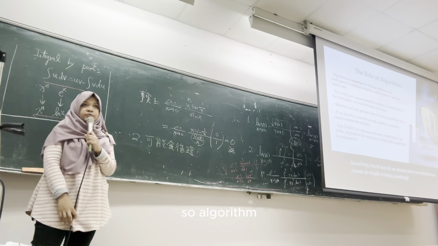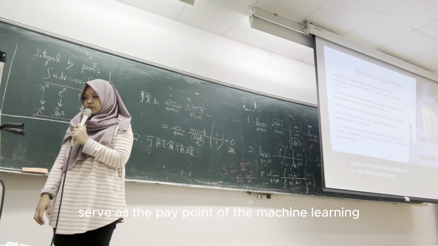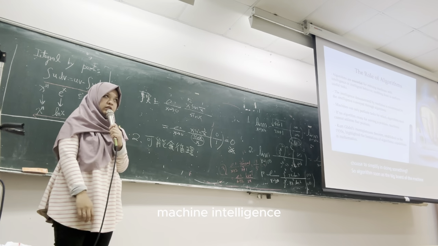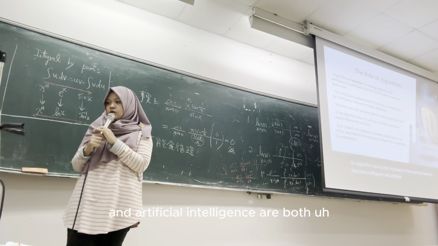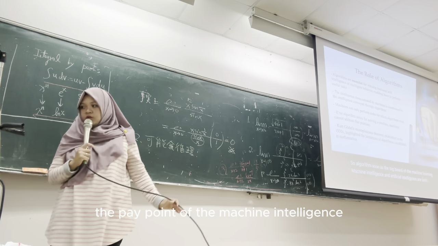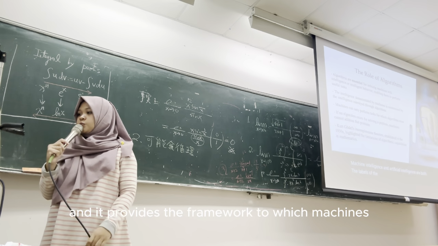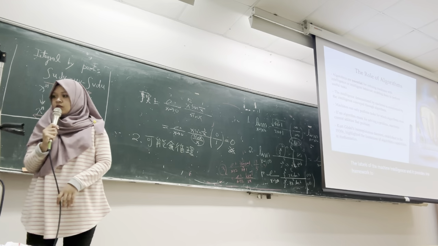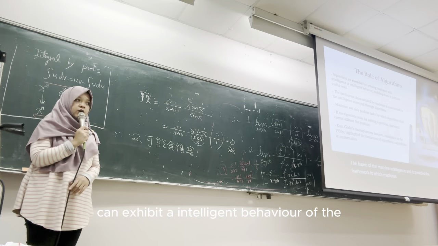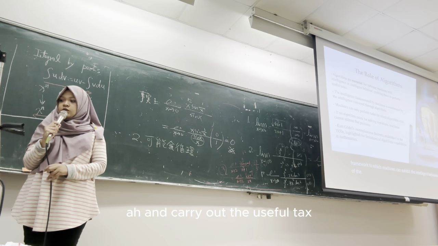So algorithm serves as the backbone of the machine learning. Machine intelligence and artificial intelligence both have algorithms as the backbone. It provides the framework through which machines can exhibit intelligent behavior and carry out useful tasks.